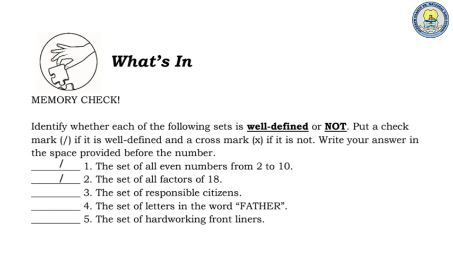So what are the factors of 18? 6 times 3 is 18. Ang 6, pwede. Ang 3, meron din. Ano pa? 1, pwede na ng 1. 9 times 2, 18. So there are 6 factors of 18.